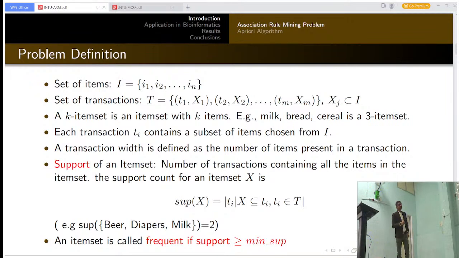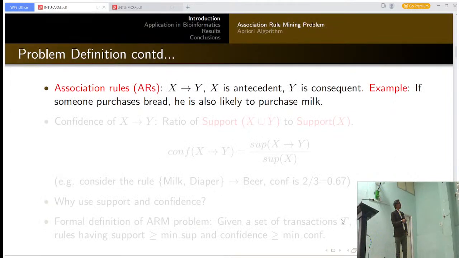Now, what is an association rule? An association rule is an implication like this: X implies Y, where X is the antecedent and Y is the consequent. For example, if someone purchases bread, he is also likely to purchase milk. So the association rule will be bread implies milk.